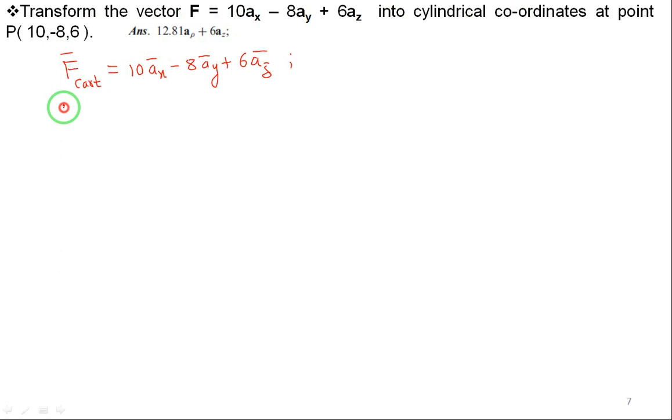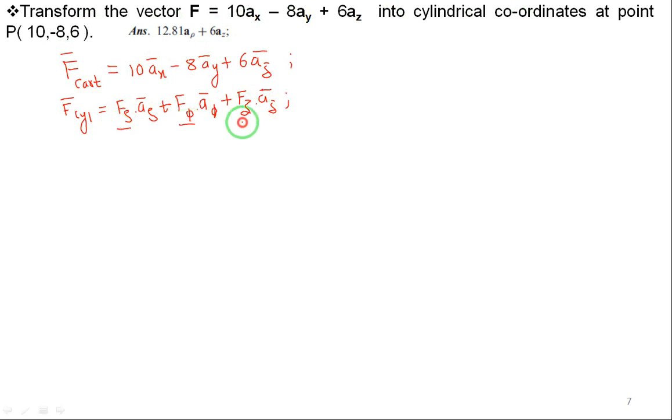So F cylindrical I want. The general vector in cylindrical I will write as f rho a rho plus f phi a phi plus f z a z. So this I want in cylindrical.